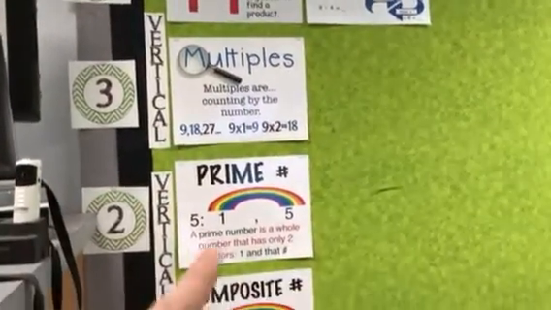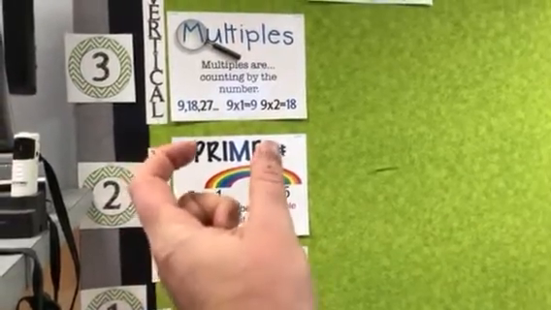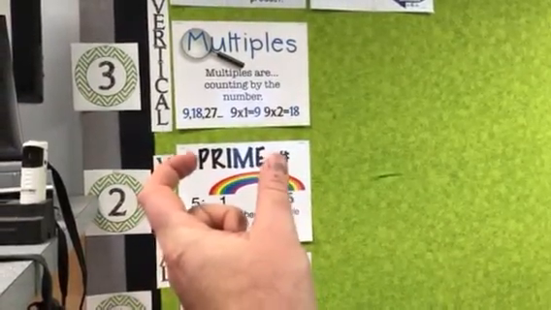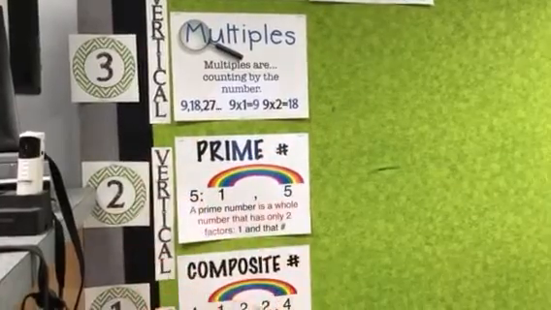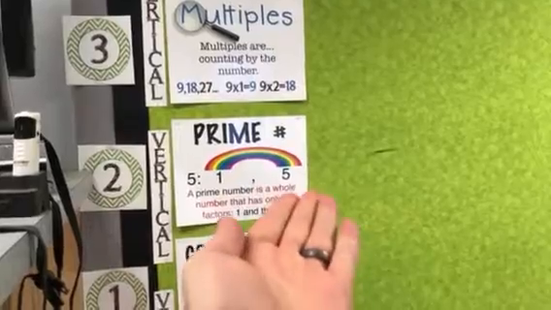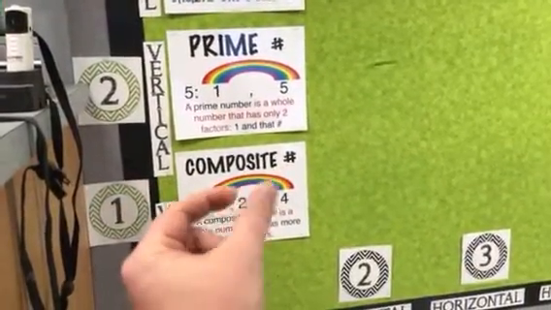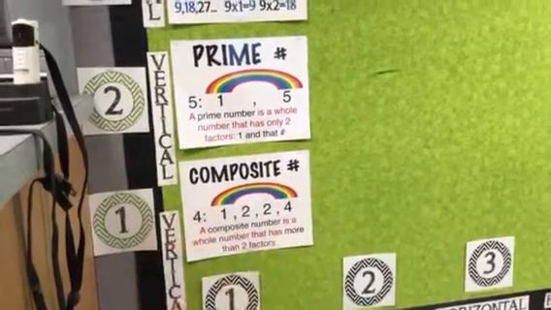Okay, prime numbers, look how small the word is compared to composite. So the smaller word, prime, is the one where we only have two factors, one and that number. And then composite is the longer word, which means we have more than two factors.